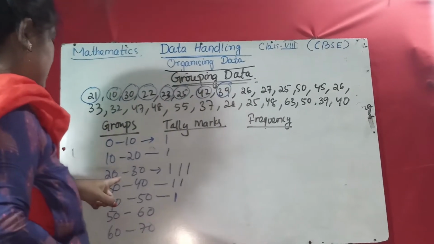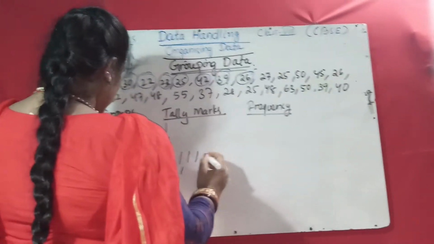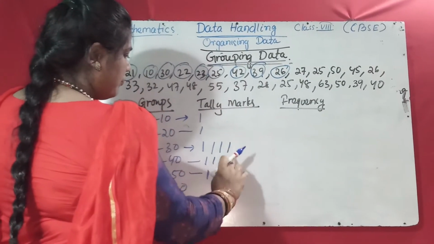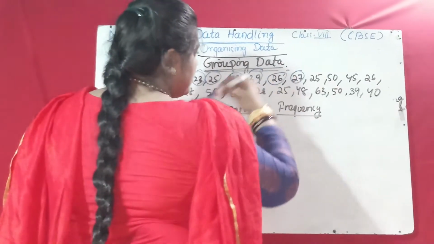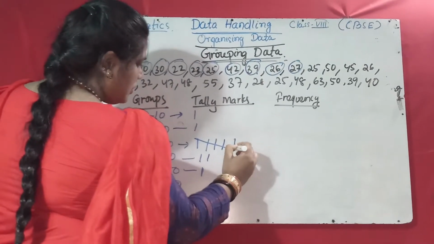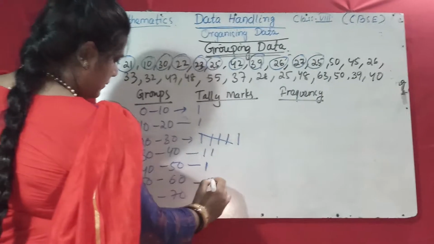26, 20 to 30. 27 also, 20 to 30. So here 1, 2, 3, 4, you must do another line here for the fifth one. 25, again 20 to 30. 50 here.